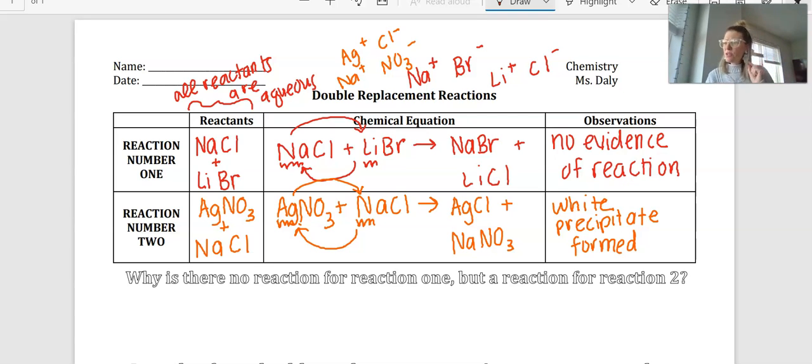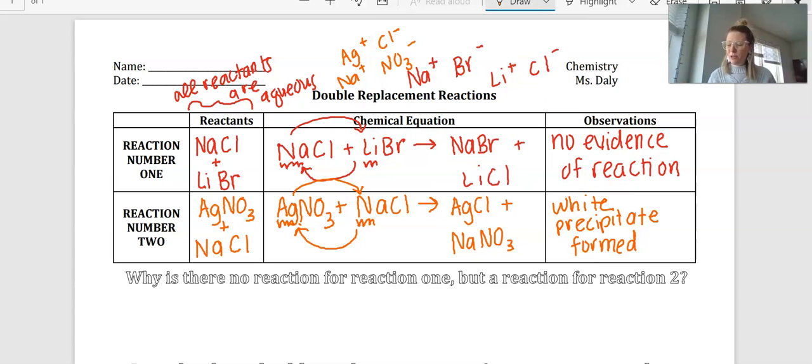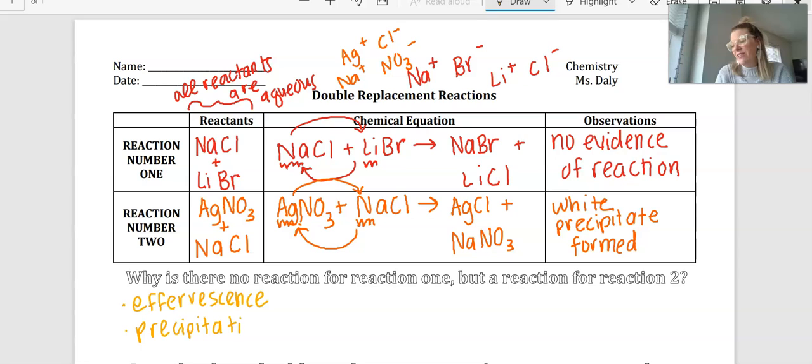So just really quickly, I want to review again evidences of chemical change, so that in our notes we have effervescence, which is the formation of gas or bubbling. We have precipitation, which is the formation of a solid, but we'll talk about that in just a little bit.